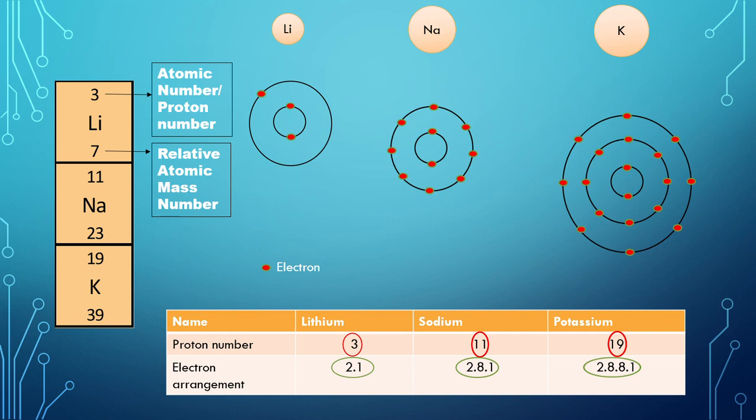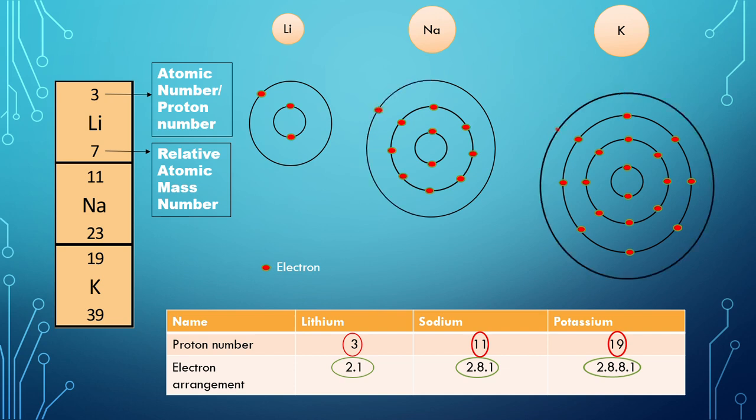If you notice, similar electron arrangement is noticed for lithium, sodium, and potassium, whereby the outermost shell contains 1 valence electron. This is why these elements are classified as Group 1 elements. As such, they share similar physical and chemical properties.